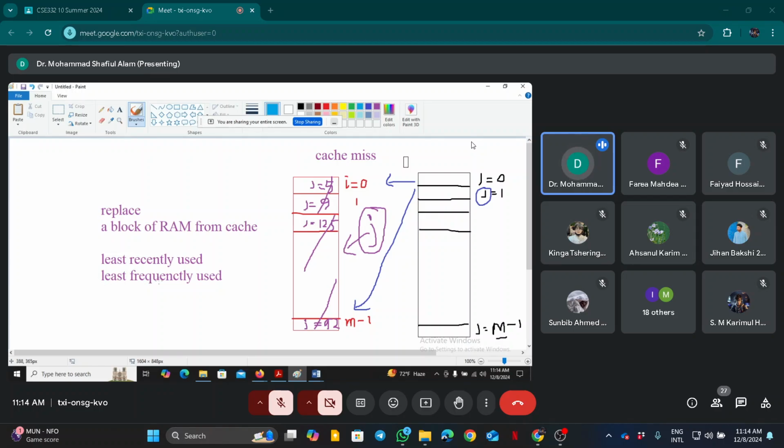Based on the comparative assessment, a block should be identified and replaced. So in order to implement these algorithms, we need to keep information about how different blocks are being used.